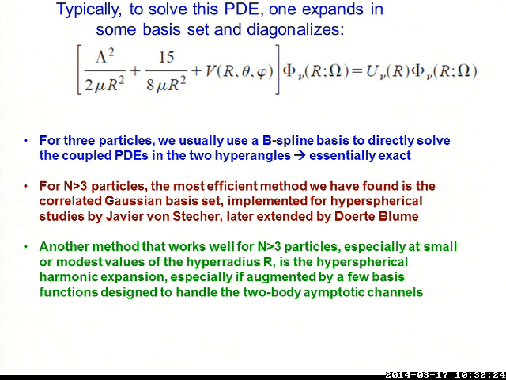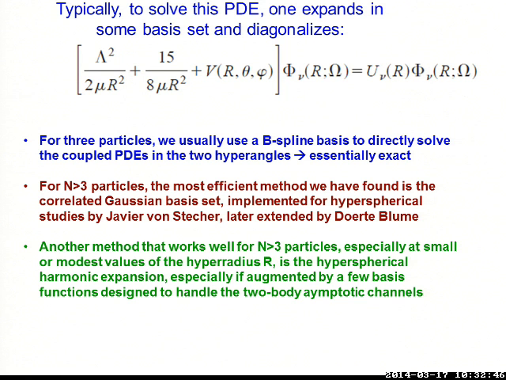To do this first step is usually actually the hardest part of the problem, especially as you move into more and more particles beyond 3. But for 3 particles, you can just hammer this with basis splines variationally, and this can be done essentially exactly for any two-body interactions.